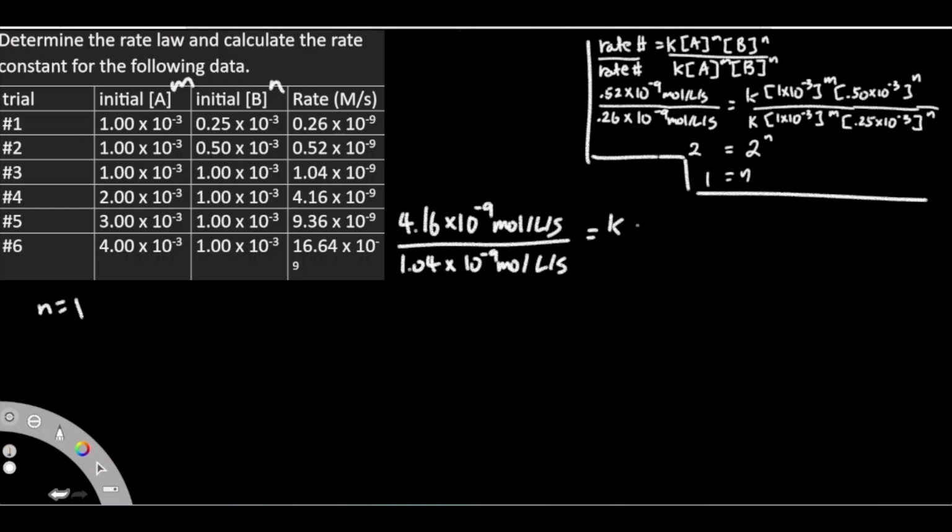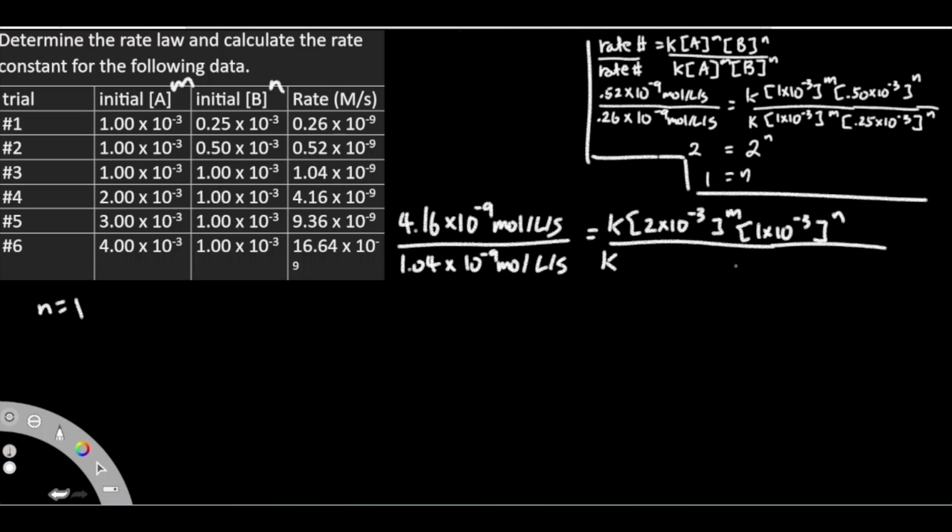And then I'm going to use my K values here. And what do I get next? Our next reactant on trial number 4 is 2 times 10 to the negative 3, and that's obviously going to be to the m. And then next one I got 1 times 10 to the negative 3. And this is going to be to the n.